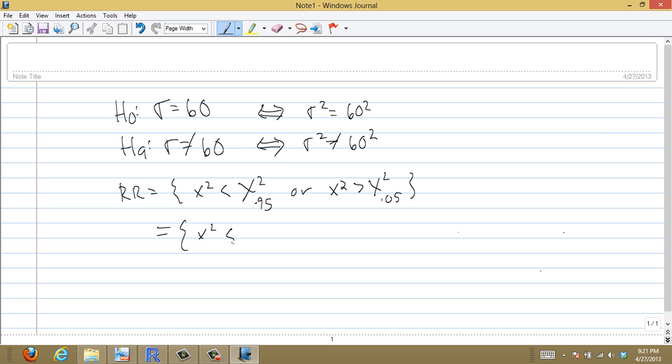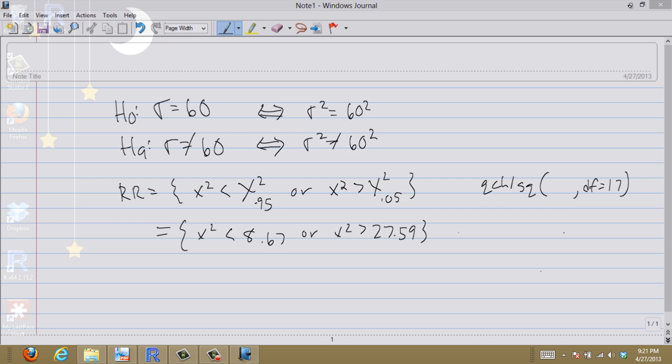8.67 for the alpha over 2 quantile, and for the 1 minus alpha over 2 quantile, it's going to be 27.59. And the way that we get these is just using qchisq. We put in the correct quantile, and then degrees of freedom is equal to 17 in this case.